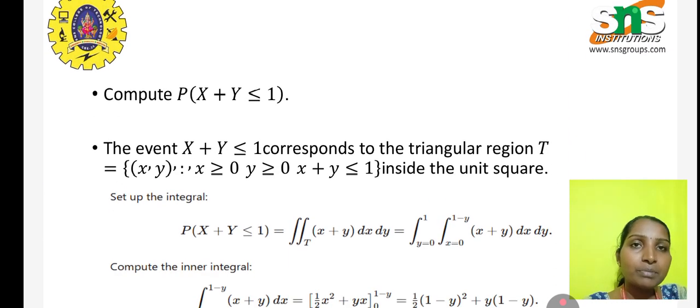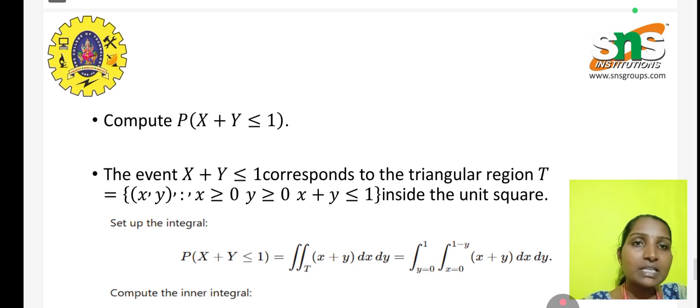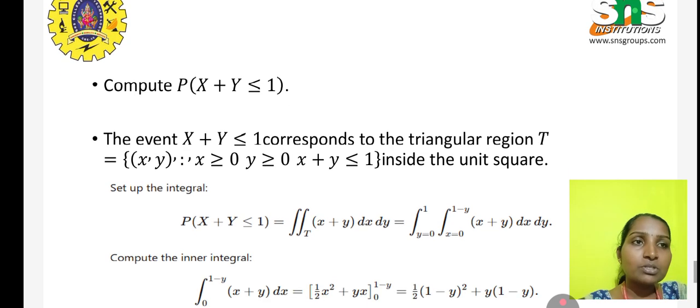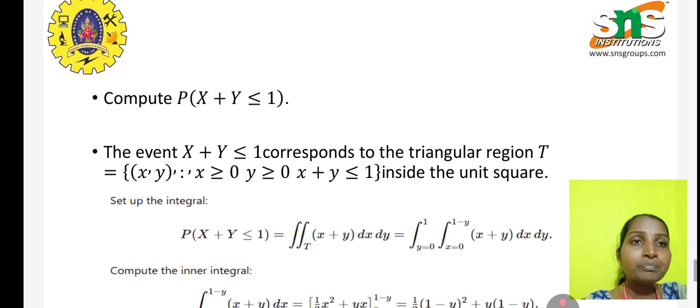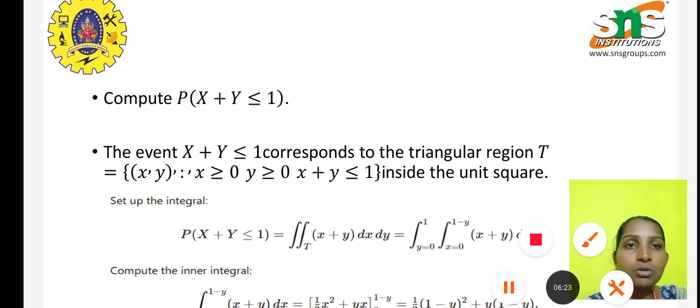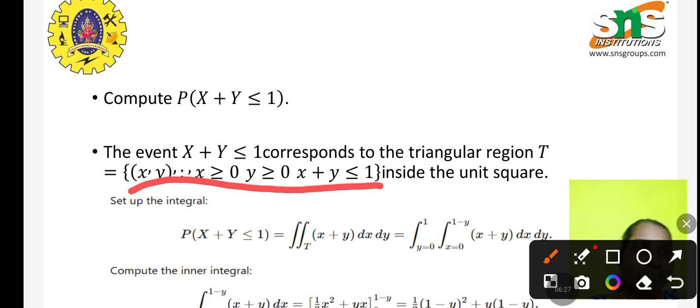Now we have to compute the probability of x plus y less than or equal to 1. The event x plus y less than or equal to 1 corresponds to the triangular region T, which fits inside the unit square. These are the set builder notations of the given problem.